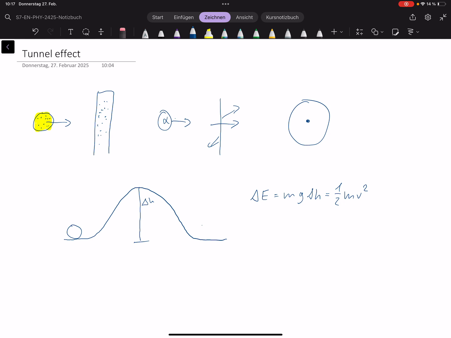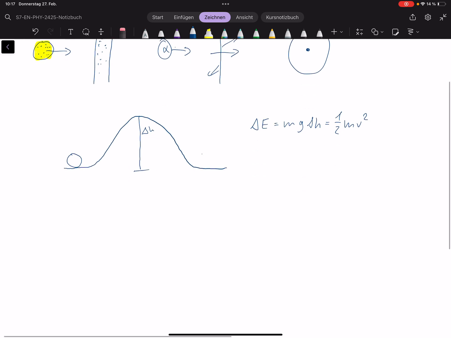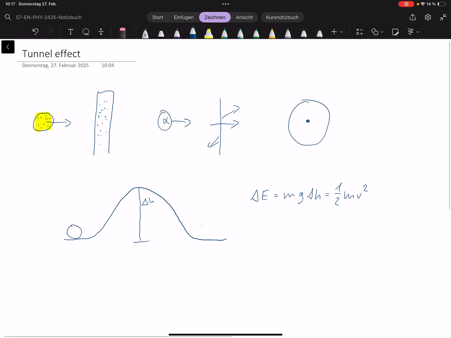So now I want to look at another example which is a bit similar but leads us more towards the tunnel effect. We keep the football and we want to get it over this hill.